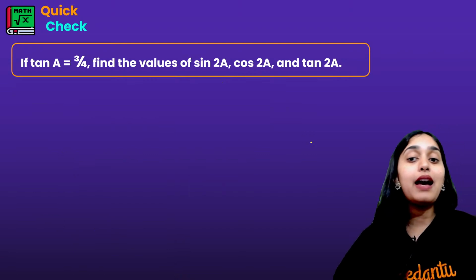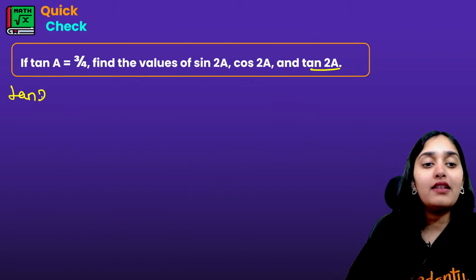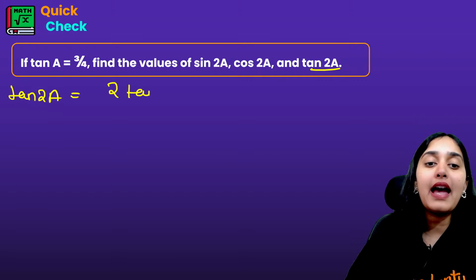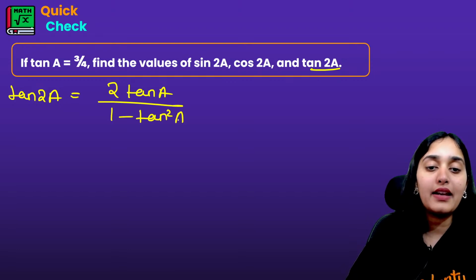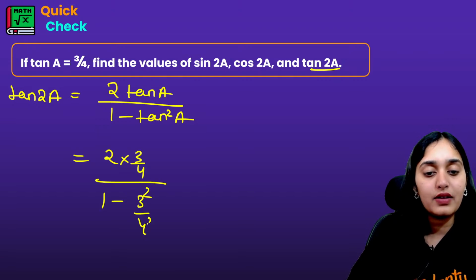Okay. Lastly, we have tan 2A. Now what is the value of tan 2A? The formula is 2 tan A upon 1 minus tan square A. So 2 into 3 by 4 upon 1 minus 3 square by 4 square.